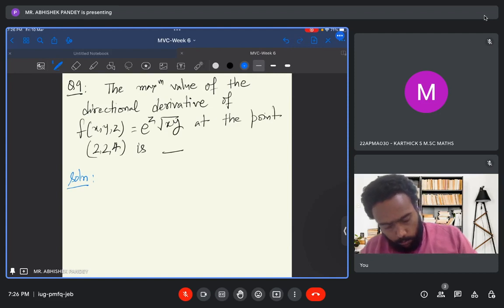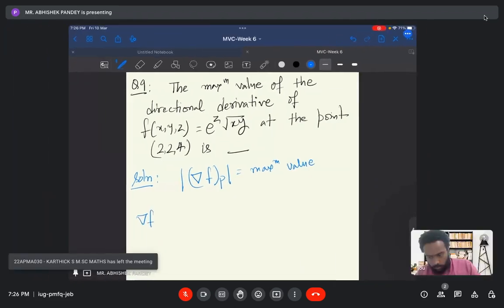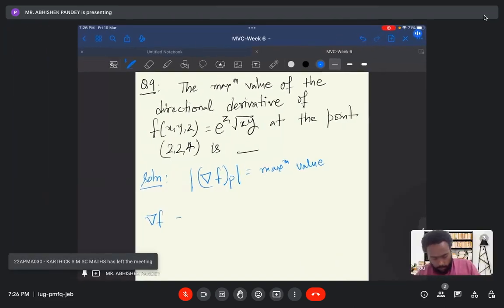Okay. So for this one, we already know the maximum value will be del f at point P. We have to find this one. This is the maximum value. So first let us find this. f is e to the power z root over xy.